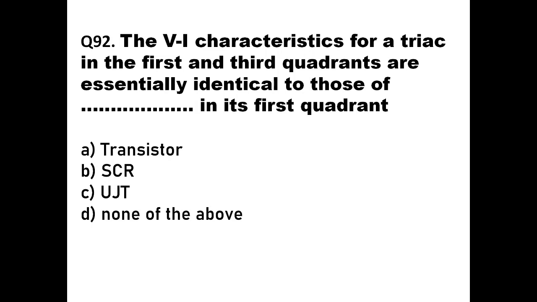That first quadrant characteristic of the SCR is shown in the first and third quadrants of the VI characteristics of the triac, because a triac is a bidirectional SCR. So the first and third quadrants of the triac VI characteristics are identical to the SCR first quadrant characteristics. The answer is B, SCR.